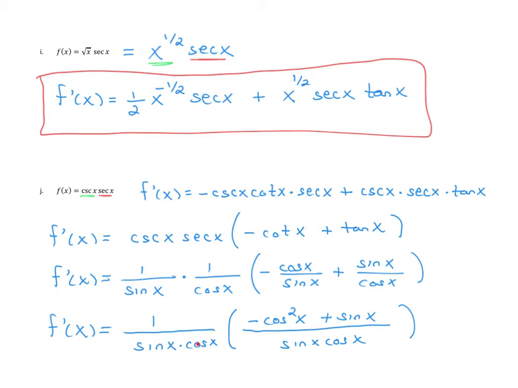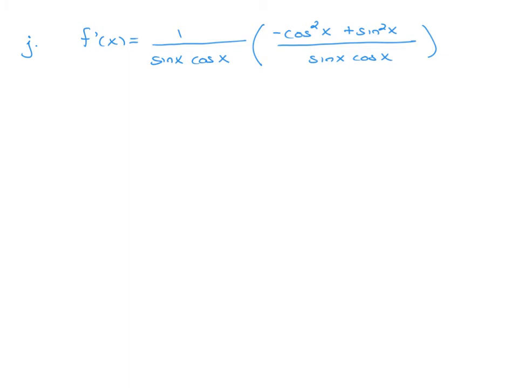That's a sine squared plus cosine squared. I'll do that on the next slide. All right, so when I multiply this denominator here, we're going to increase the exponent by 1 on both sine and cosine. So f prime of x is equal to negative cosine squared x plus sine squared x, all divided by sine squared x cosine squared x.